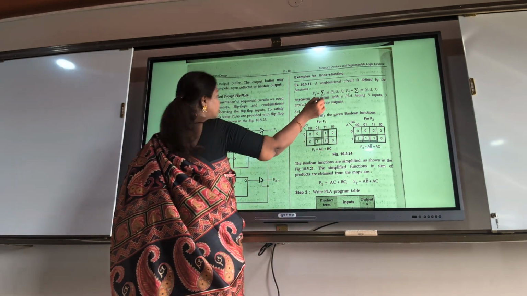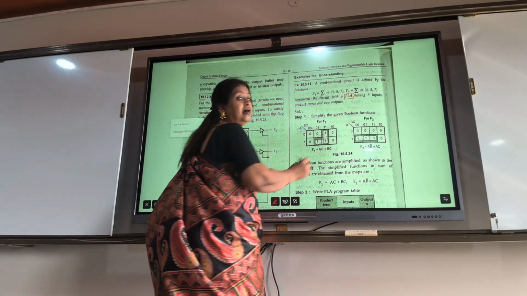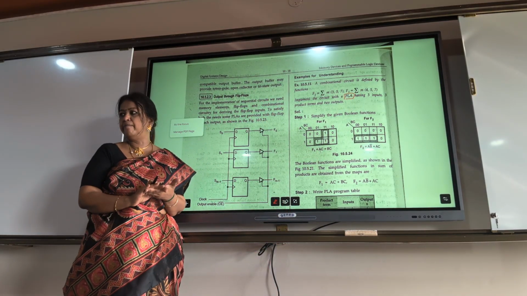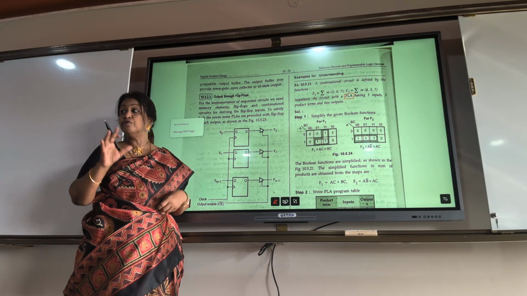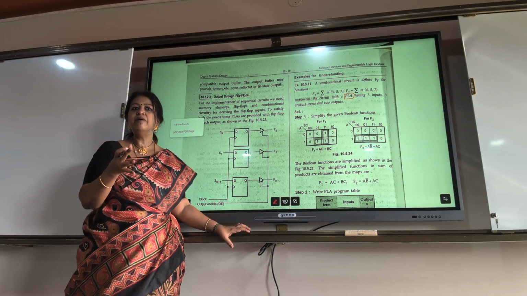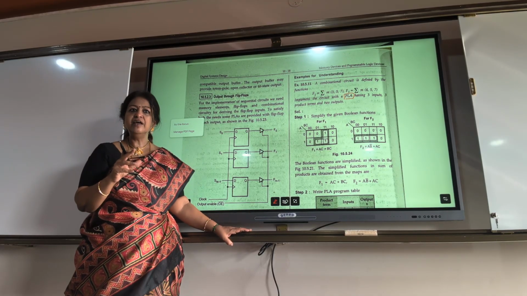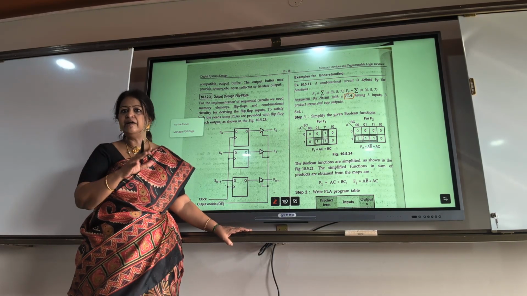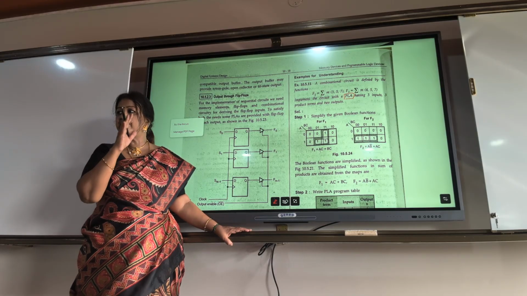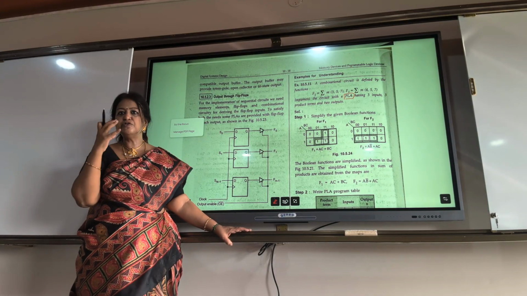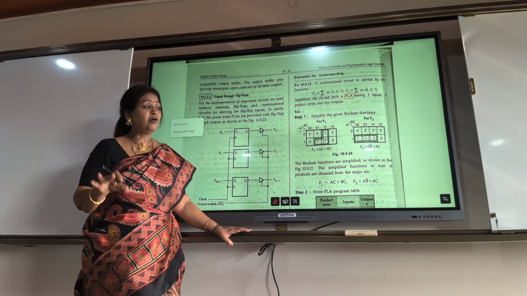In this question you have to check what they are asking you to implement. The question will be the same for all three, PLA, PAL, ROM, only the functions differ. But using what we have to implement. If it is ROM, then only OR should be programmed. If it is PLA, both AND and OR can be programmed. If it is PAL, only AND can be programmed. Like that, we should be very, very sure about what is to be done.